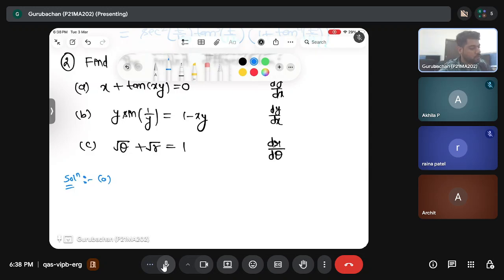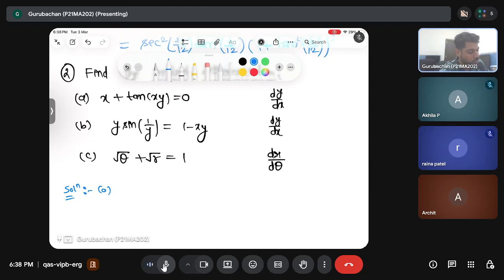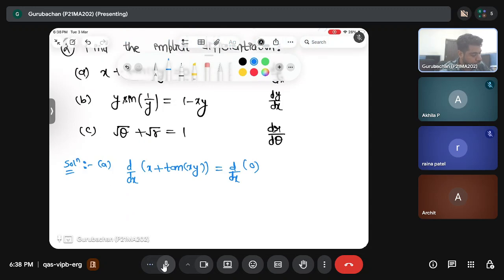So let us start with the first one. As I told you, we have to differentiate both the sides. So d over dx of, this will give you 1 plus secant square of xy, d over dx of xy.